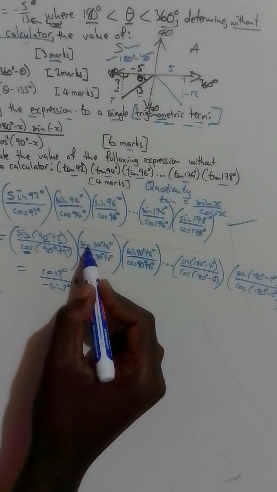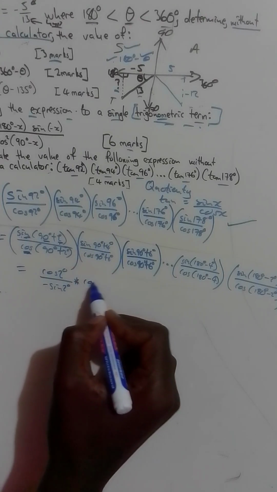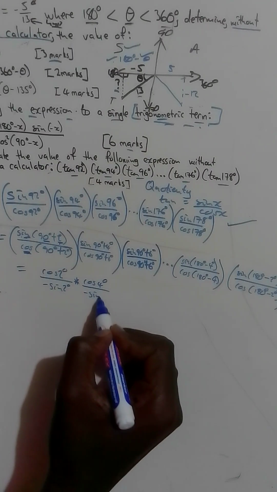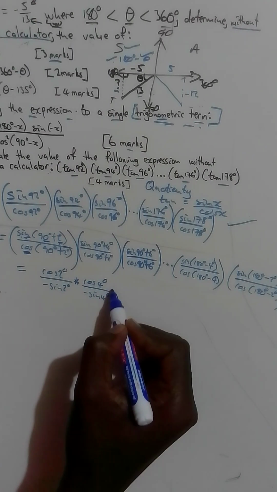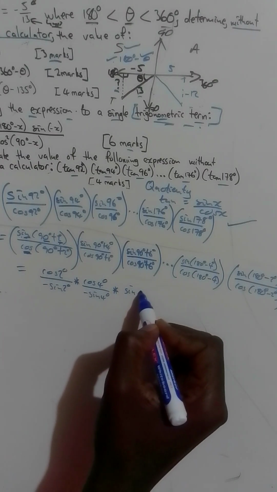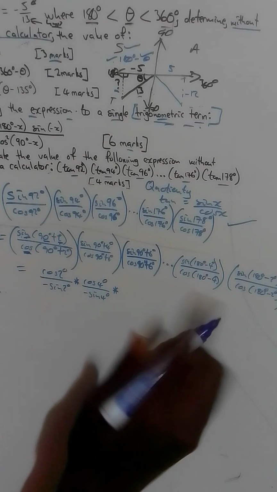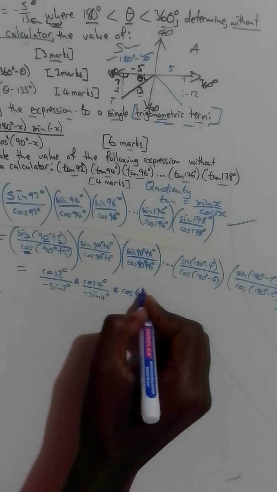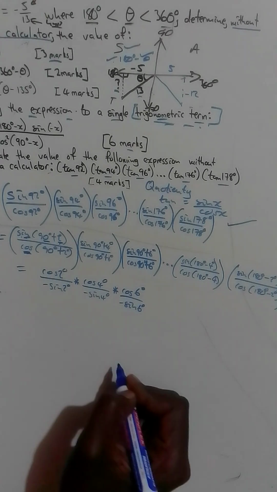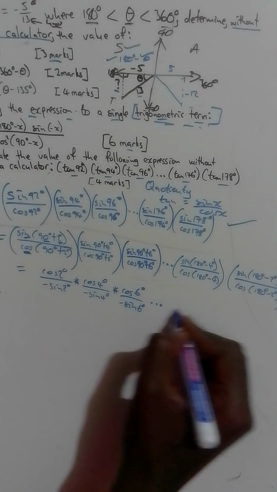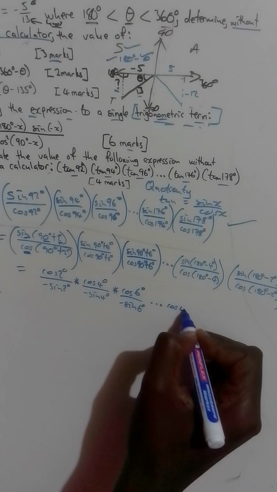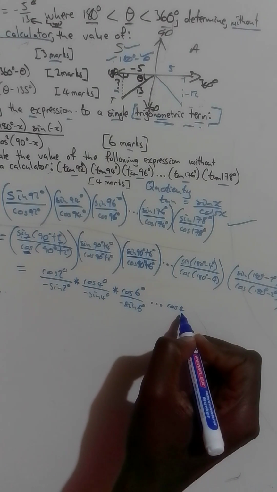Multiplied by, here the sin, I change it, it becomes cos 4 degrees. Here I change it, it becomes a negative sin 4 degrees, multiplied by, here I change it, it becomes cos 6 degrees all over negative sine 6 degrees, multiplied by, then there I change it to become cos 4.